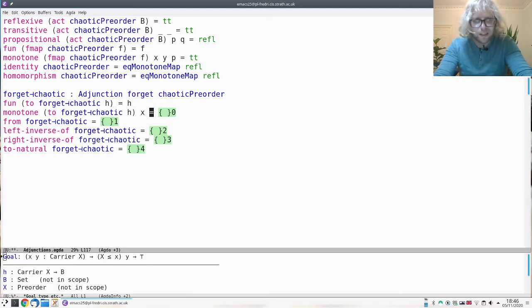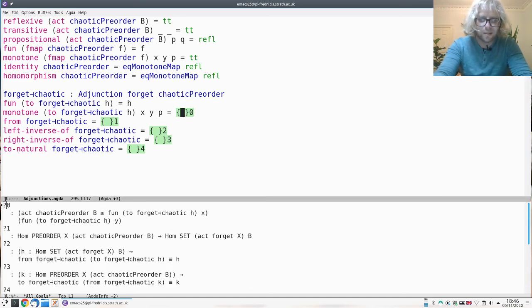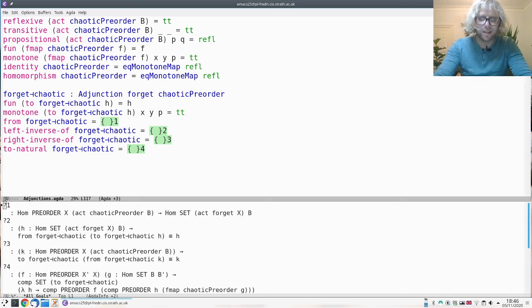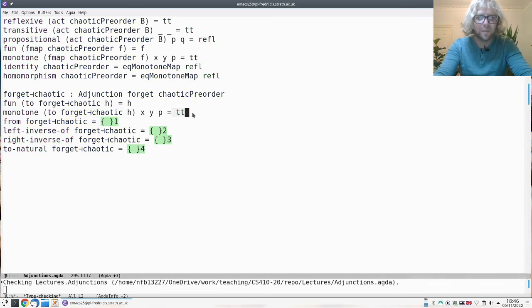So if I have x and a y and a proof that they are related, to show that the results are related. But that's by design really easy, right? Everything is related. That's exactly why we choose this definition, so that I can make this upgrade of a function to an order preserving relation with this very special order, right?